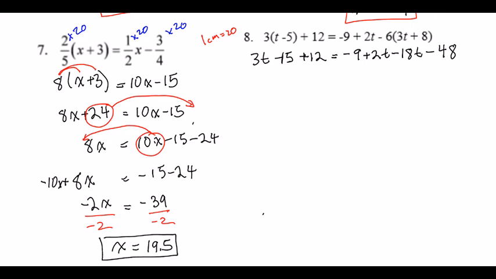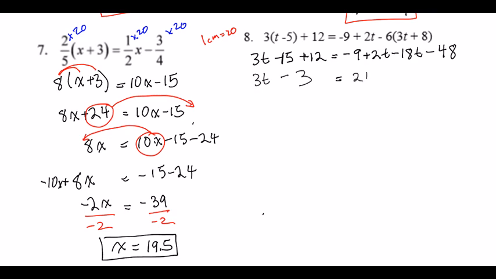Now what we'll do is collect like terms for both sides and then start moving things across. The like terms on the right side are the constants, which are here and here. So 3t is left by itself, and we now have minus 15 and plus 12, which gives us minus 3. Now I'm going to rearrange all the numbers on the left side of the equation so that things that are similar are together.